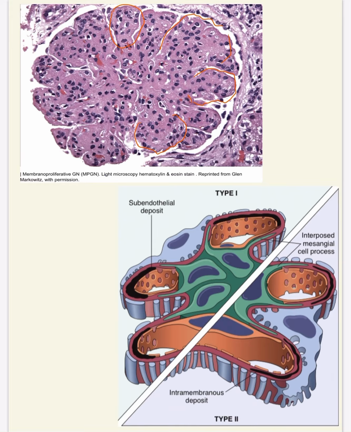See, in type 1, these are the mesangial cells, this is the fenestrated endothelium, and the deposits are present in the subendothelial location, that is between the capillaries and the basement membrane. So these are the deposits, and these mesangial cells will sometimes interpose within the basement membrane, and that will cause this tram track appearance.